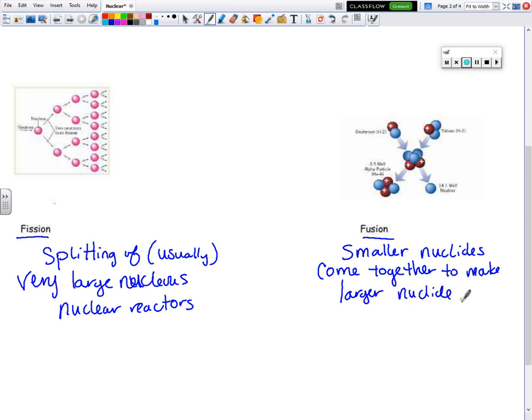Typically the nuclides that do this are hydrogen nuclides. Nuclear fusion reactions are those occurring in the sun and in our stars. The reason there's all that light is because of all the energy from the nuclear fusion reaction.